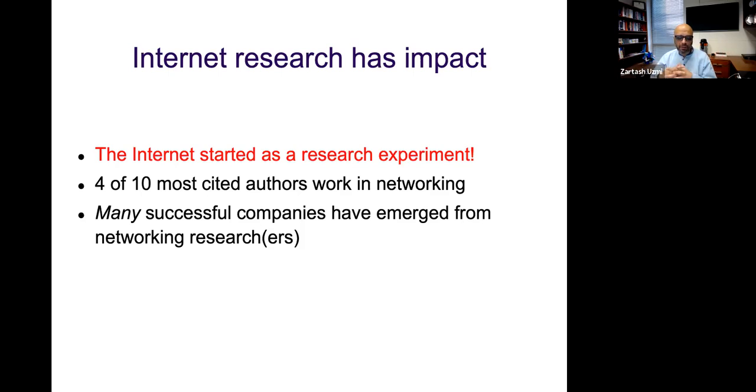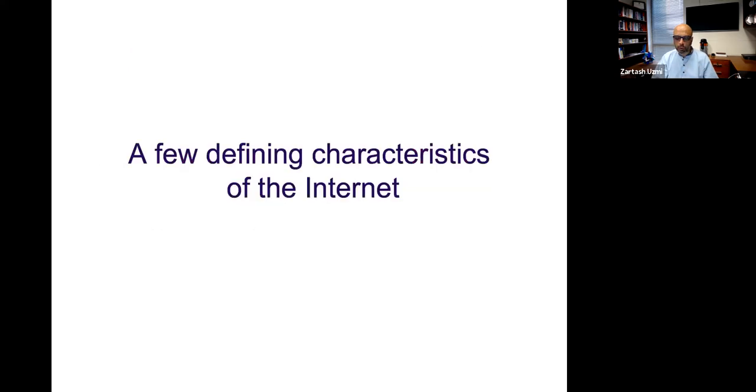IoT devices are everywhere in the world. So internet research, networking systems research, has a very broad, very deep impact. Four out of ten most cited authors in computer science and engineering are from the networking systems area. Many successful companies that we know of have emerged from here.